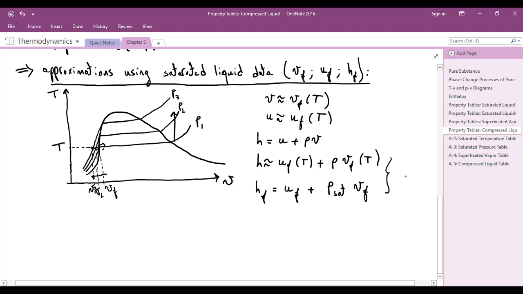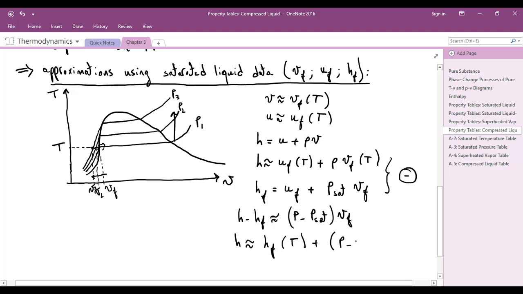If we subtract these two equations, we'll obtain H minus Hf is equal to P minus P sat times Vf. So H will be approximately equal to Hf at T plus P minus P sat times Vf.